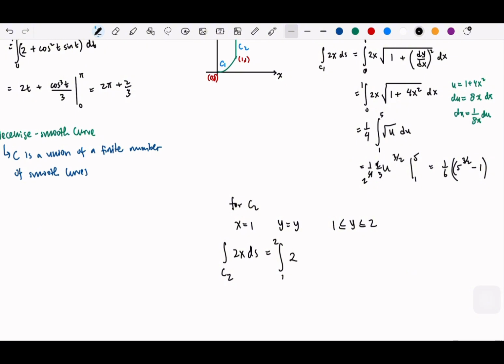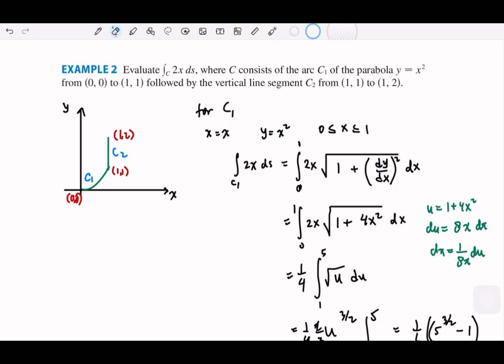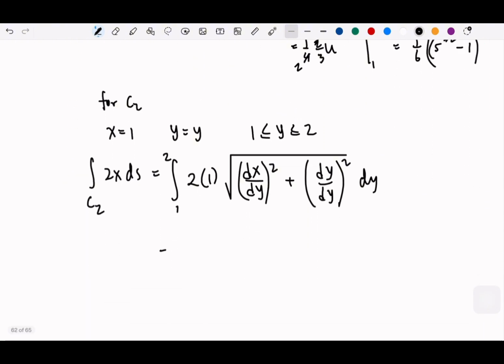So this will be 2, x is 1, right? And then this will be taking the arc length, the square root of (dx/dy) squared plus (dy/dy) squared. Now dx/dy is basically 0, right?